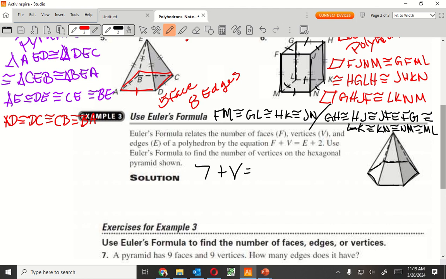Let's do the edges right now. 1, 2, 3, 4, 5, 6, 7, 8, 9, 10, 11, 12. I have 12 edges plus 2, because I got these right here.